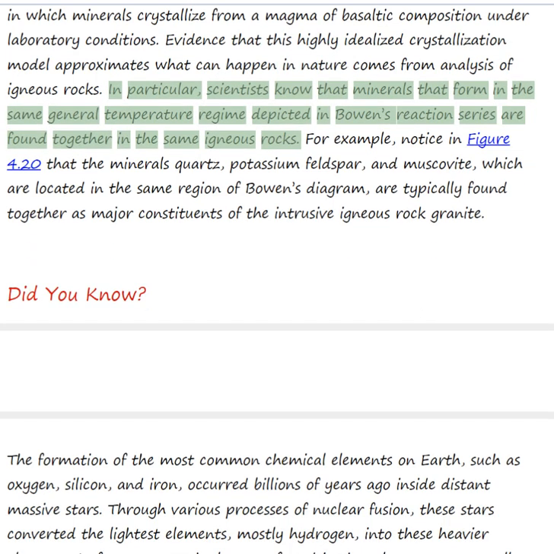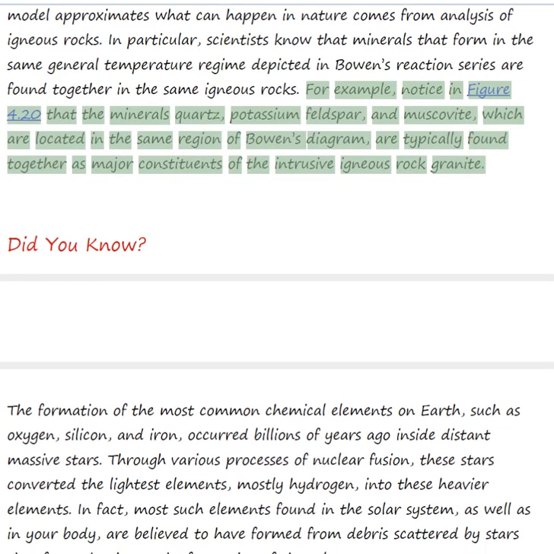In particular, scientists know that minerals that form in the same general temperature regime depicted in Bowen's reaction series are found together in the same igneous rocks. For example, notice in Figure 4.20 that the minerals quartz, potassium feldspar, and muscovite, which are located in the same region of Bowen's diagram, are typically found together as major constituents of the intrusive igneous rock granite.